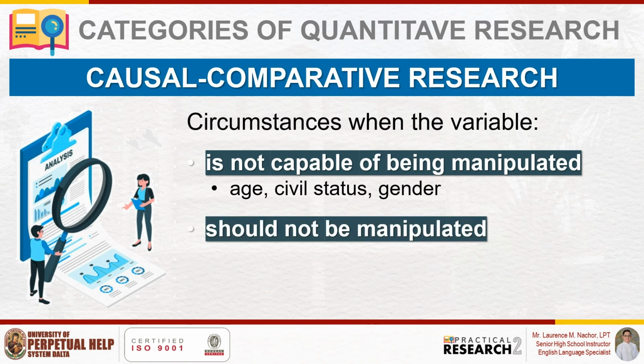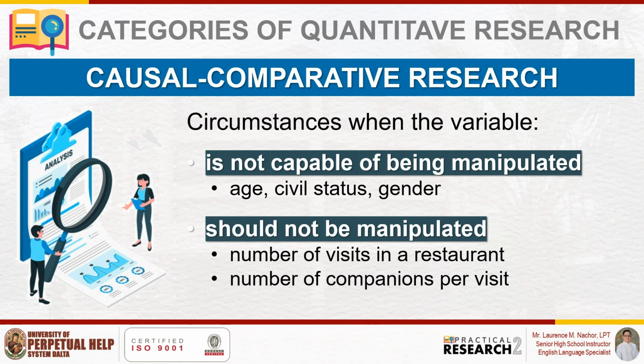Another thing, some variables should not be manipulated. The first one is not capable of being manipulated. The second one should not be manipulated, even if it's technically possible.